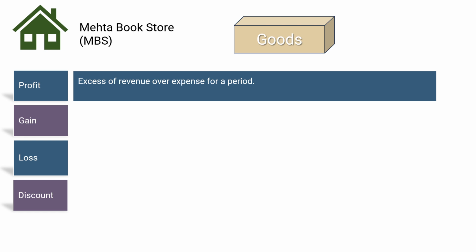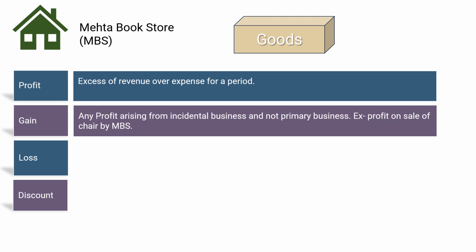Now, profit and gain are not the same. Profit and gain are different. When do you get profit? You get profit when there is an excess of revenue over expense. When do you have a gain? You have a gain when you get something not from your primary business but from your secondary or incidental business.